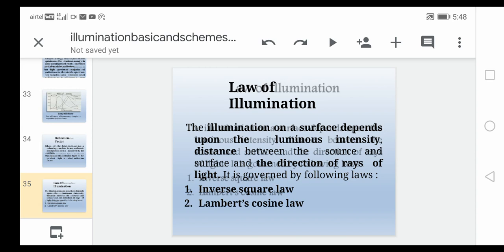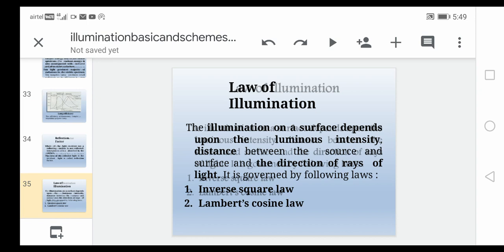For example, at our houses we have a light. If you are moving away from the source, the illumination reduces. If you are going closer to the light, the illumination increases.